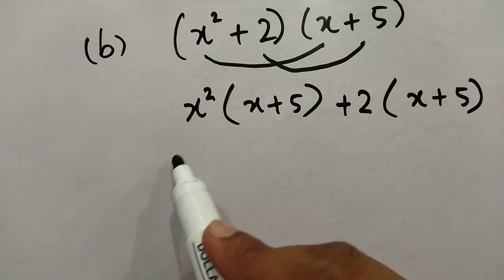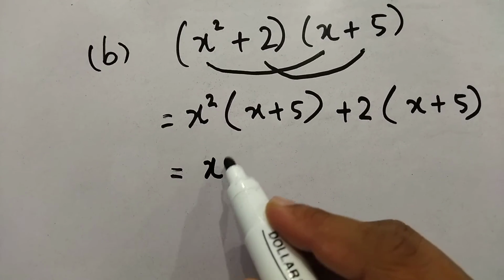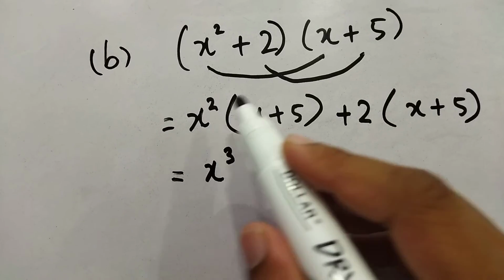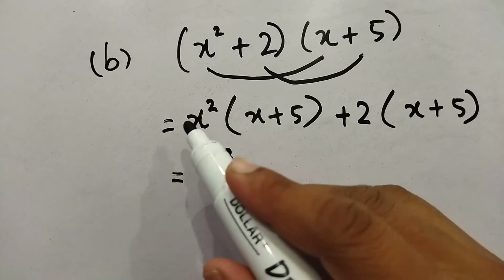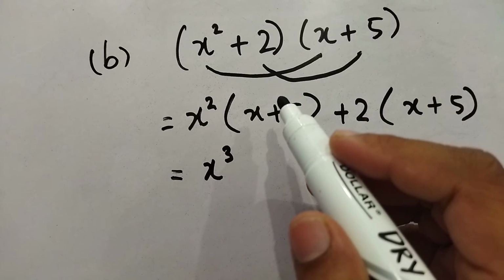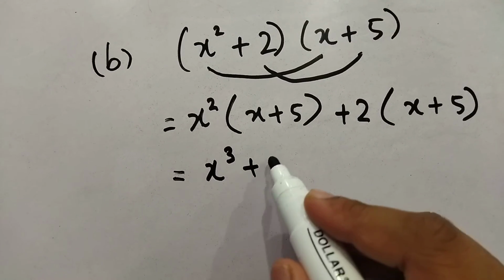Now we are going to multiply this. x square into x gives us x cube because it has an index notation as square and it has 1. So when multiplying same variables, all we need to do is to add up their indices, right? Then x square into 5 gives us 5x square.